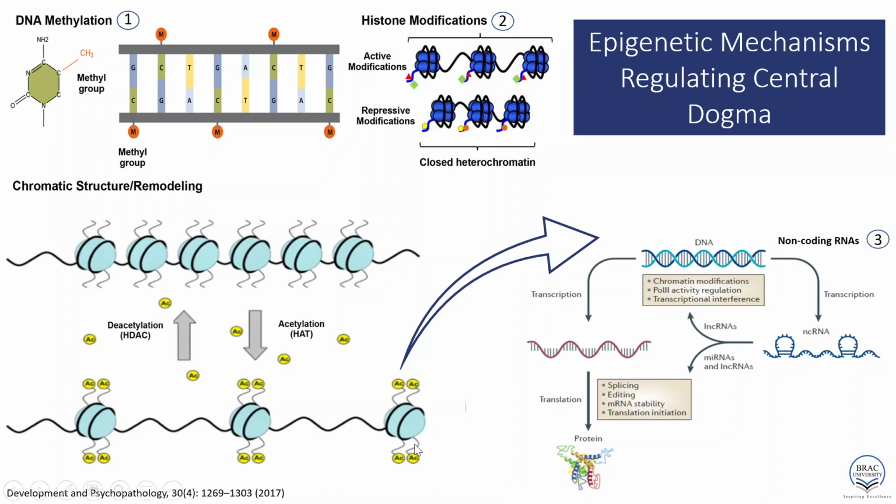So in this figure you can see the DNA methylation occurs at the DNA level, and here the histone is modified. Depending on the modification, the histone becomes active or repressive. Active means active for gene expression, and repressive means suppressed for gene expression.